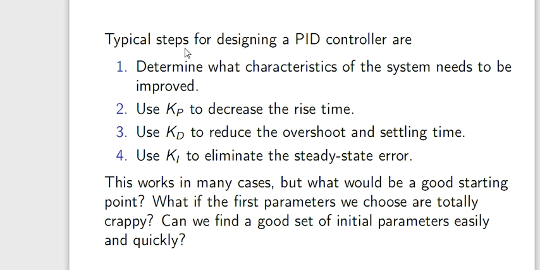Next, typical steps for designing a PID controller. The first is to determine which characteristics of the system need to be improved. To decrease the rise time, use Kp. Use Kd to reduce the overshoot and settling time, which improves the transient response of the system.